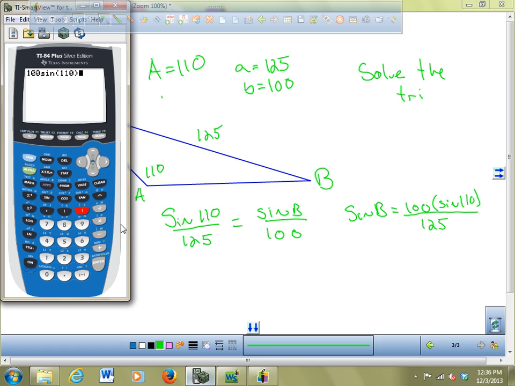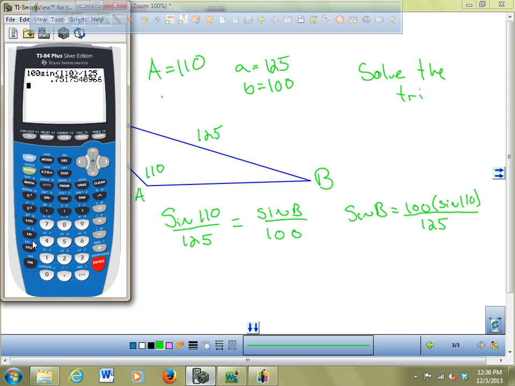And I'm going to divide that by 125. I don't think you have to worry about extra parentheses. And if you get a number that is not between -1 and 1, you've done something wrong, because sine can only be between -1 and +1.